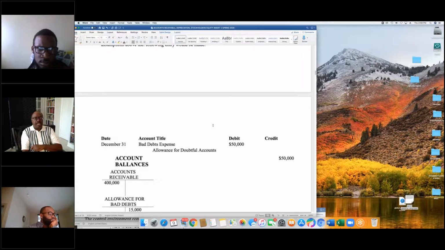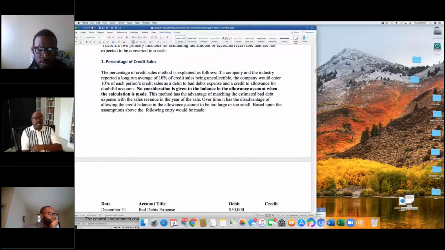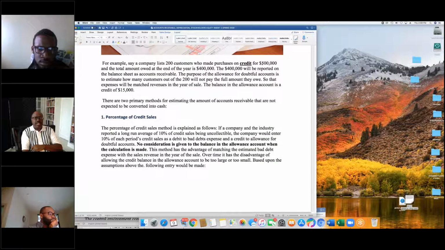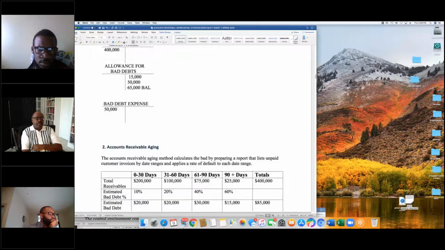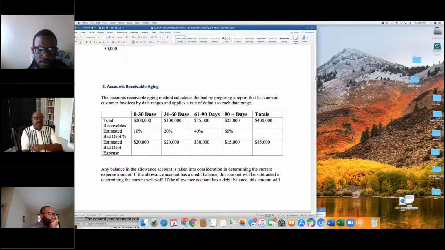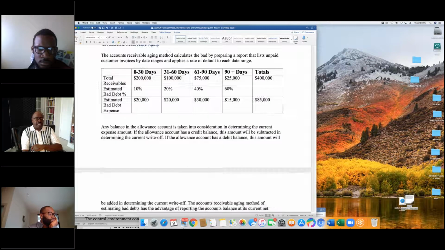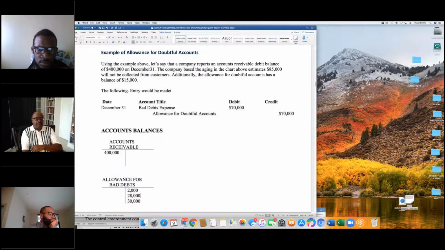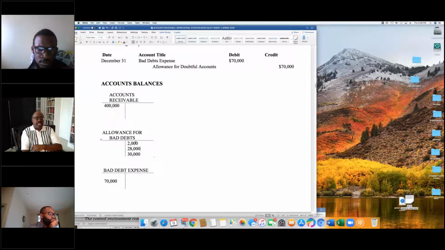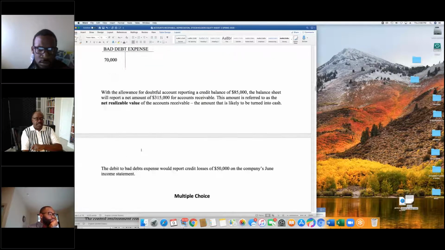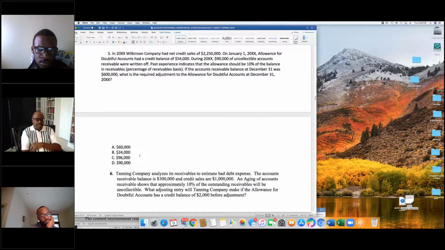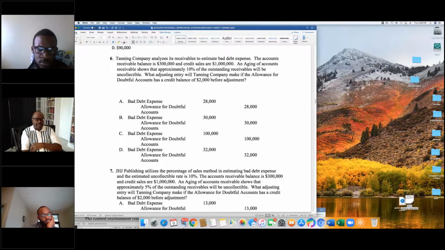We're going to use 10% of the credit sales, which in this case were 500,000. But if we were using the aging method, we have to see how much was in the account and then adjust around it. So look over those.